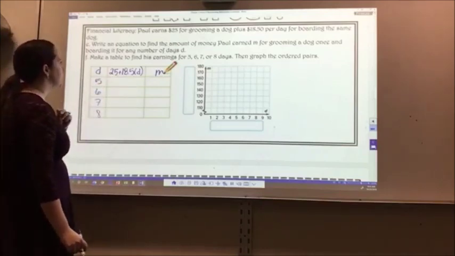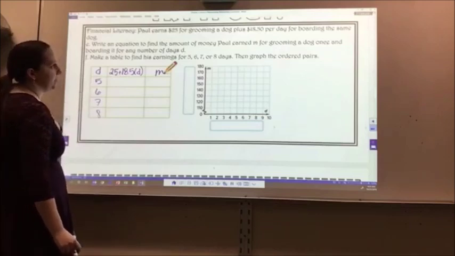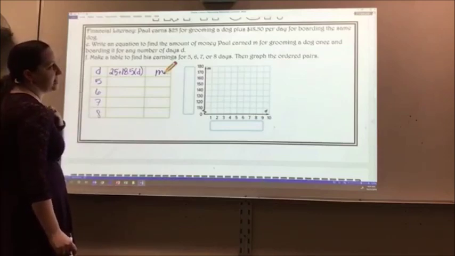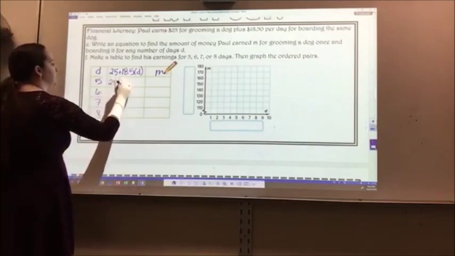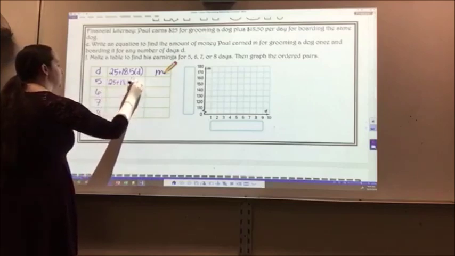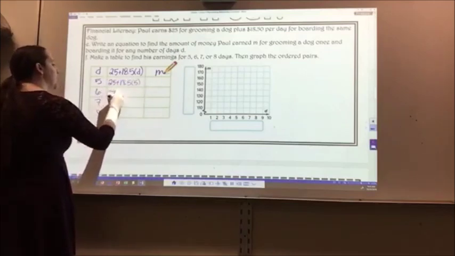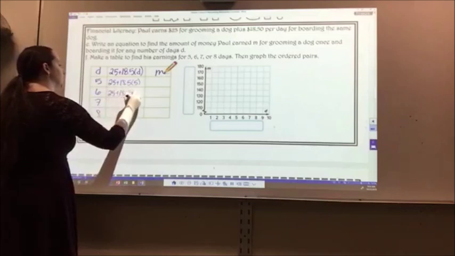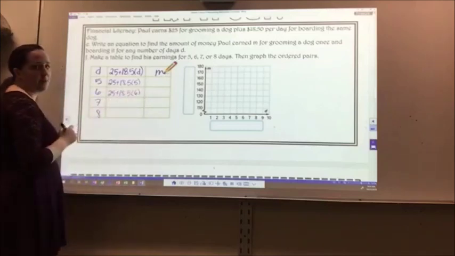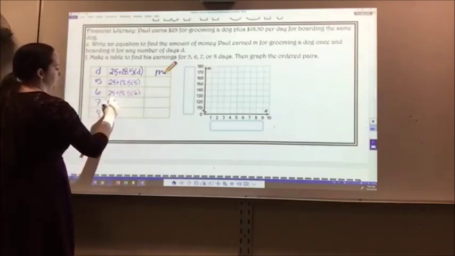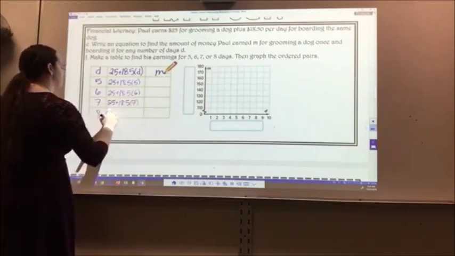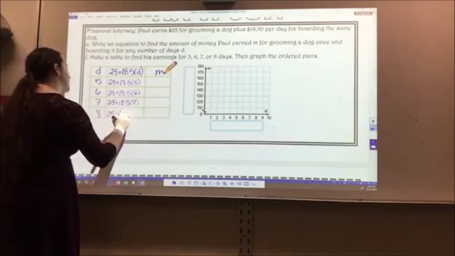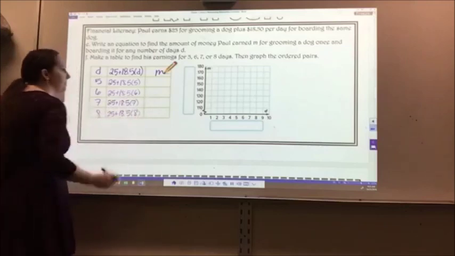Okay. So for letter F, it says make a table for his earnings for 5, 6, 7, or 8 days, then graph the ordered pairs. So for 5 days, I have 25 plus 18.5 times 5. For 6 days, 25 plus 18.5 times 6. For 7 days, 25 plus 18.5 times 7. For 8 days, 25 plus 18.5 times 8.